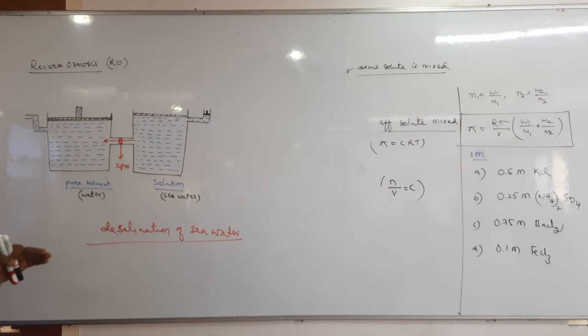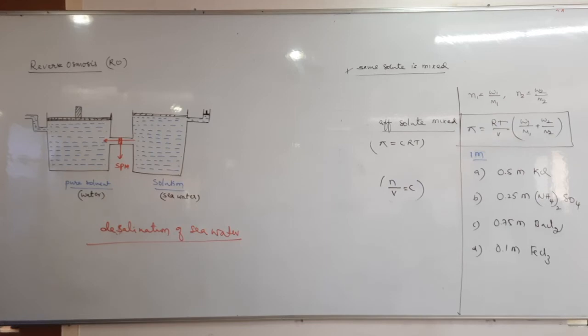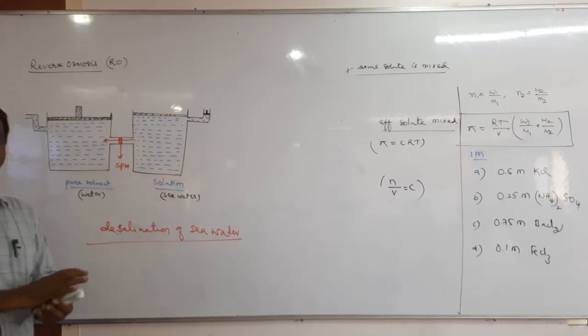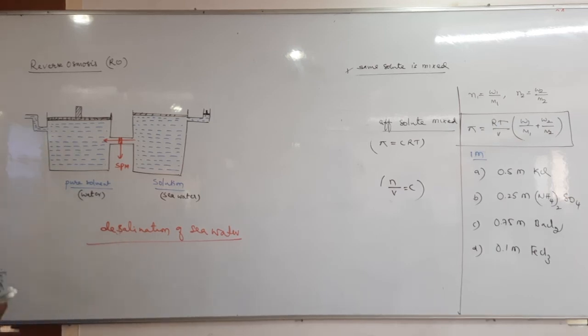And one more is UV, ultraviolet. The machine produces ultraviolet radiation. If there are any microorganisms, they can be killed by the ultraviolet radiation. That is only to avoid the growth of microorganisms in the drinking water. Right.